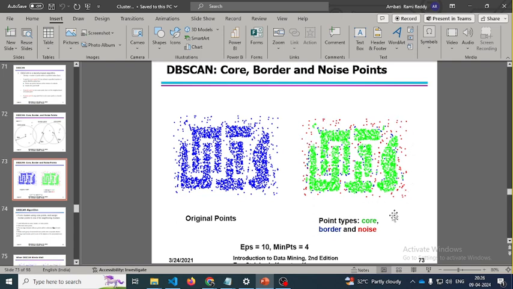The red color will represent noise points. So the minimum number of points is 4 and EPS is 10. EPS means radius. They have given a criterion like this to form the DBSCAN based clustering. If you change this EPS and minimum points, then the shapes may change.